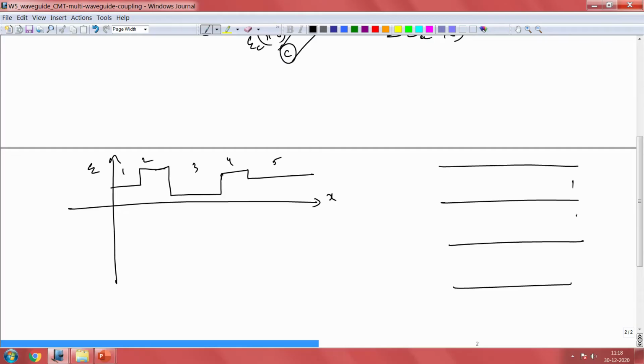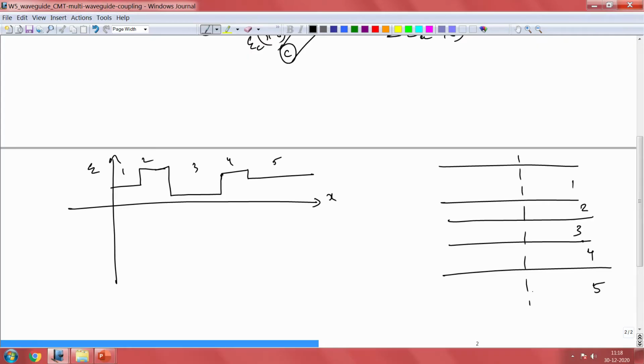This is the cross section here. The guiding is happening in regions 2 and 4, where the refractive index is larger, while in regions 1, 3 and 5 the refractive index is comparatively lower.